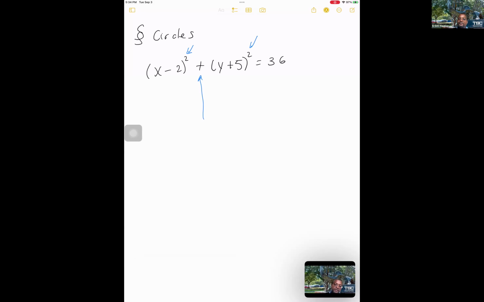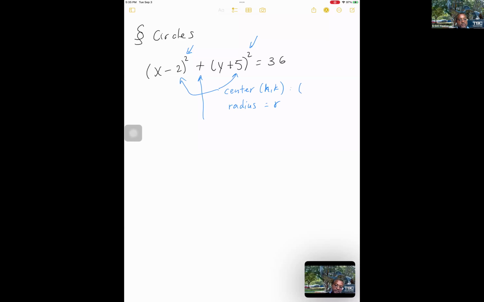Now that we have recognized we have a circle, we have to identify two features of the circle. One, the center, which we call (h, k), and the radius, which we just called r. The center came from the two numbers, in this case -2 and 5.